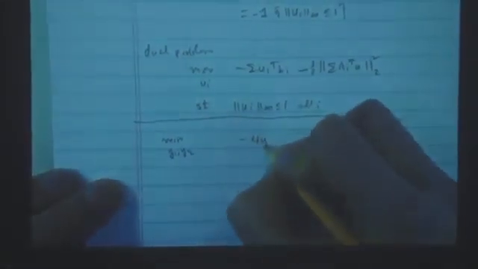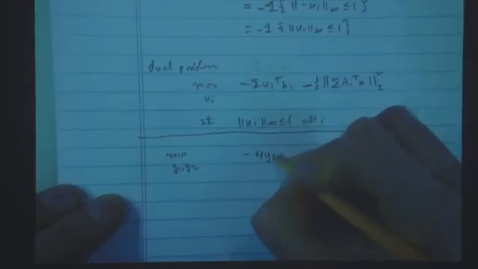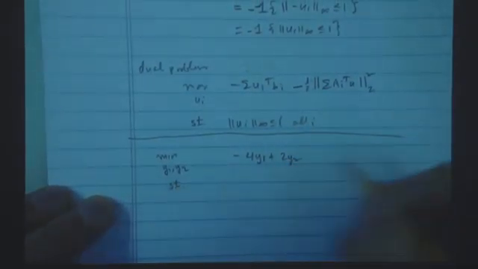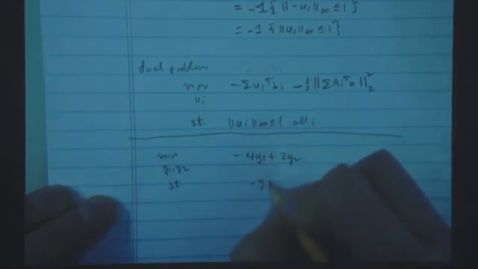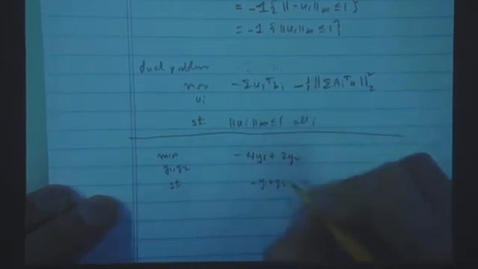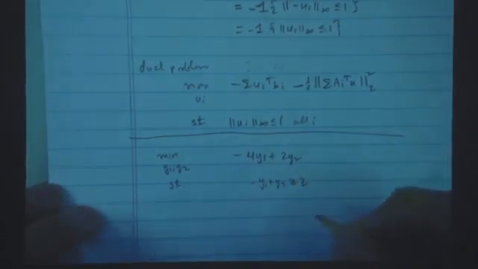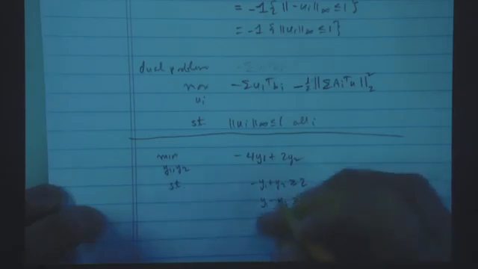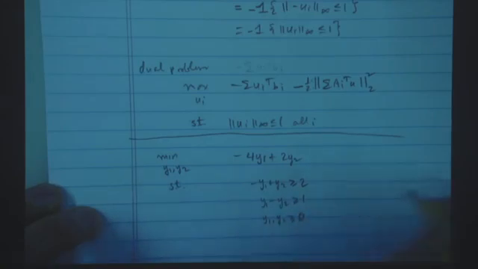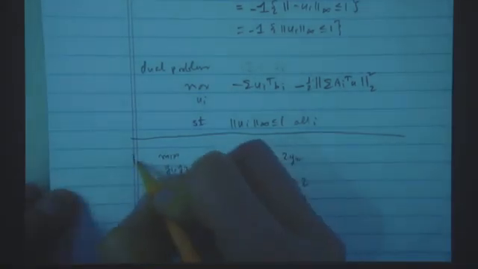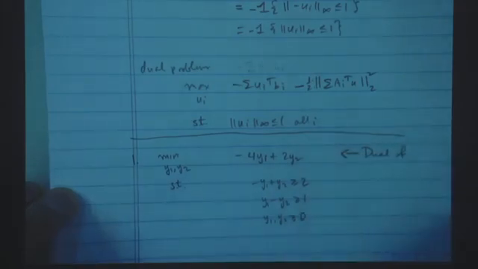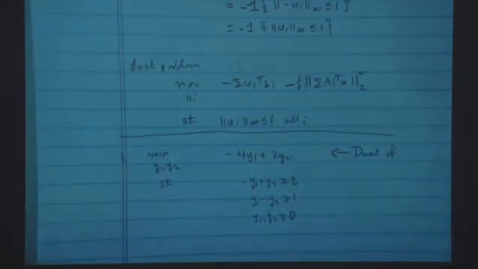Minus 4y1 plus 2y2, subject to these conditions. Okay, so this is problem number 1. It has us derive the dual of this linear program.